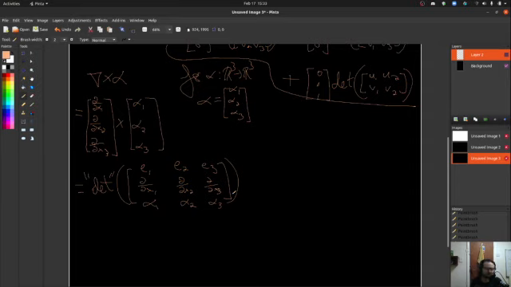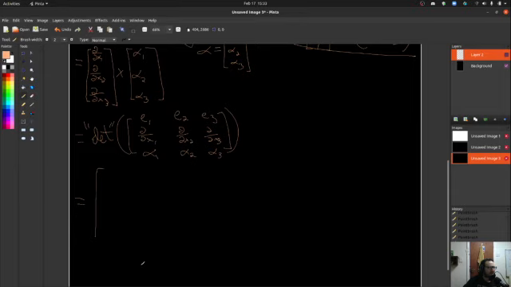All right? And so we're playing fast and loose with notation, because we're talking about multiplication and function application in a very fast and loose way.